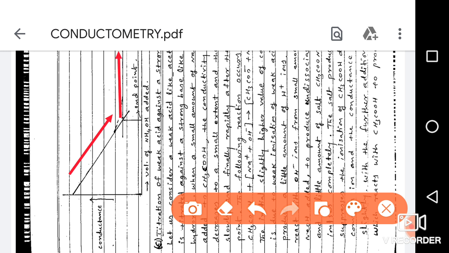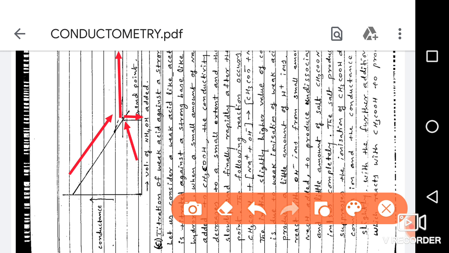This is the interception point, and this is nothing but the end point of the titration. After plotting, draw the perpendicular to this, and then we'll get the end point.